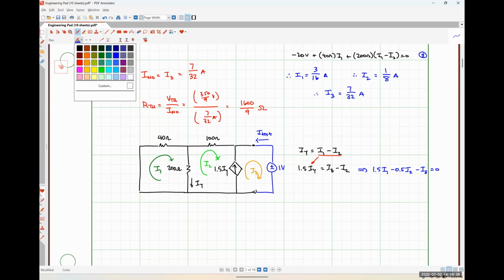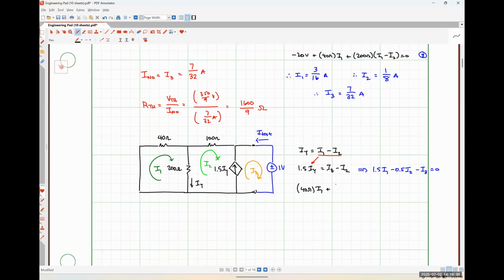When I apply Kirchhoff's voltage law around mesh 1, I'm going to have 40 ohms times I1 plus 200 ohms times (I1 minus I2) is equal to 0. Sorry, my penmanship is getting crappy.